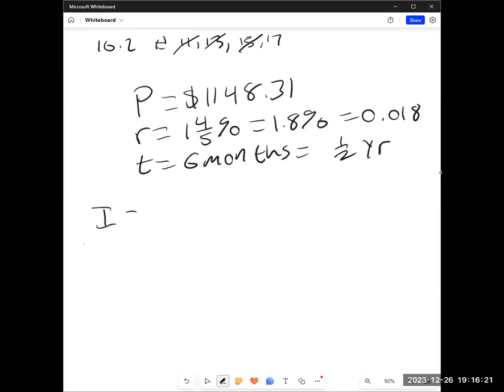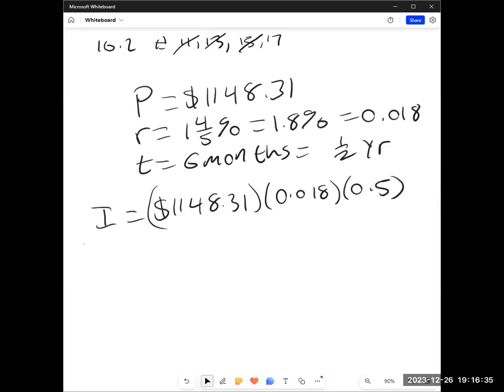So we want I is equal to P times R times T. And I get $10.33. And that makes sense for that amount of money for that amount of time.